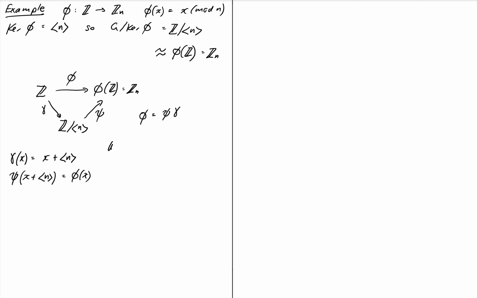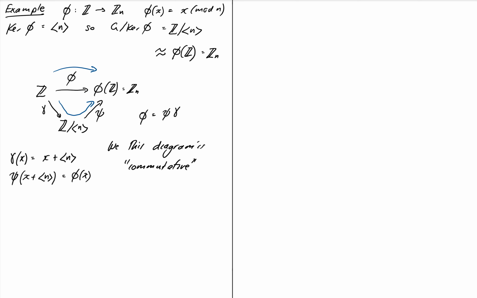We say this diagram is commutative. It doesn't matter which pathway you take through the mappings: you can either go directly to your homomorphic image, or you can go this way and you'll get the same result through these two different routes.